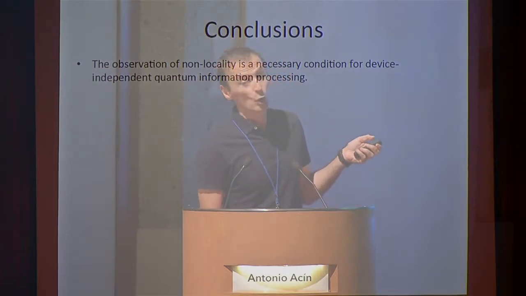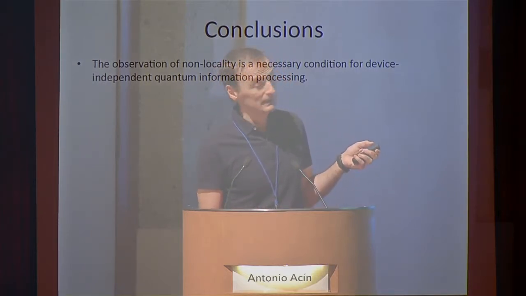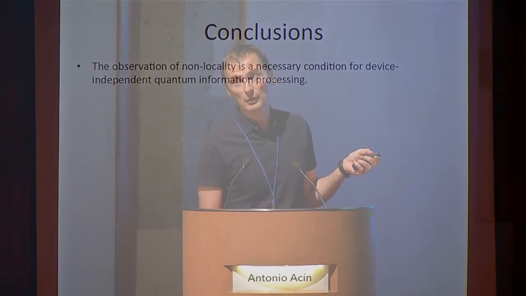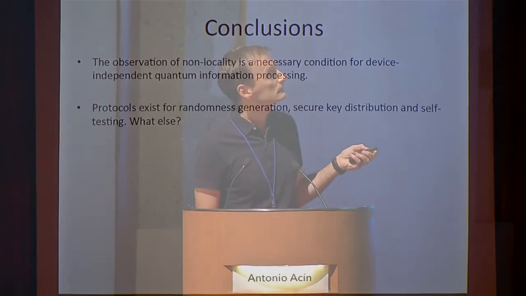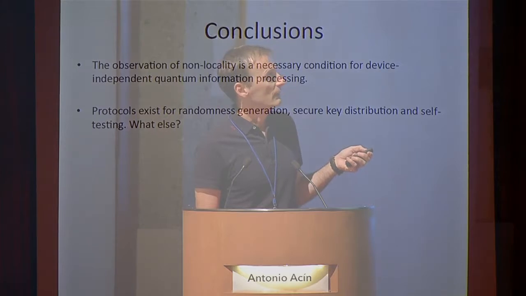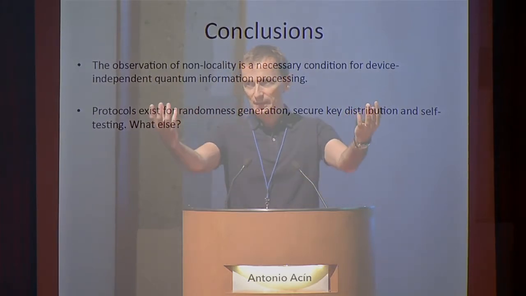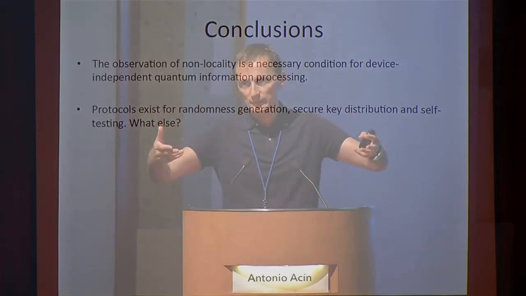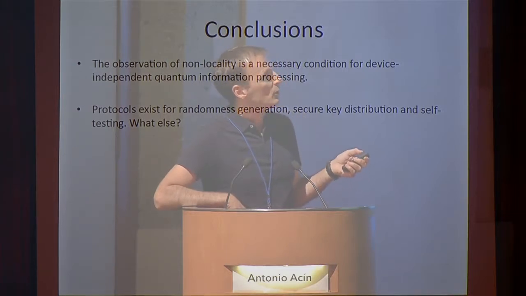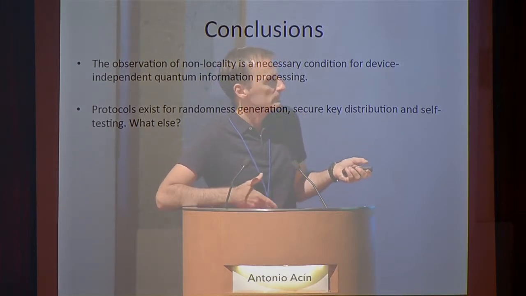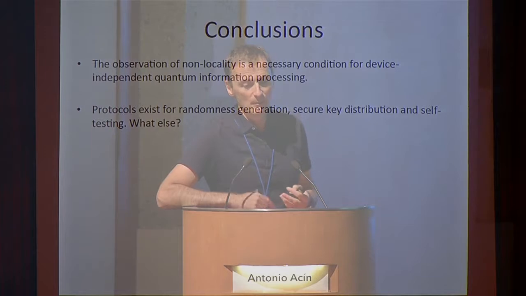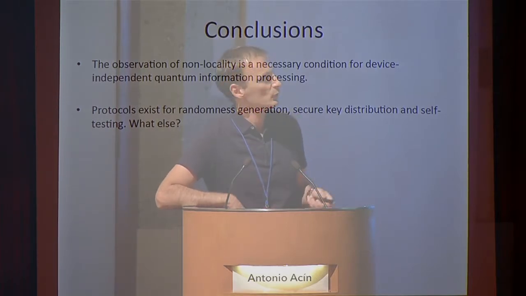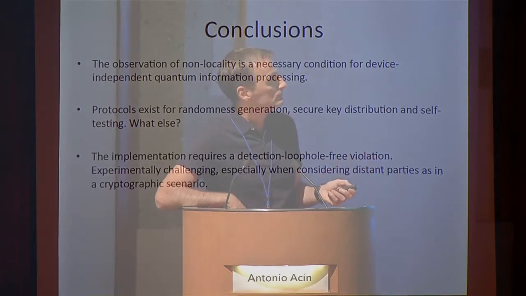So the observation of non-locality, of Bell inequality violation, is a necessary ingredient for that. Not sufficient, but necessary. So we have protocols for randomness generation. I briefly told you about this idea of getting two boxes and generating randomness out of this. Also cryptography and some other protocols. But somehow one of our main interests is to understand what you can do in this regime.